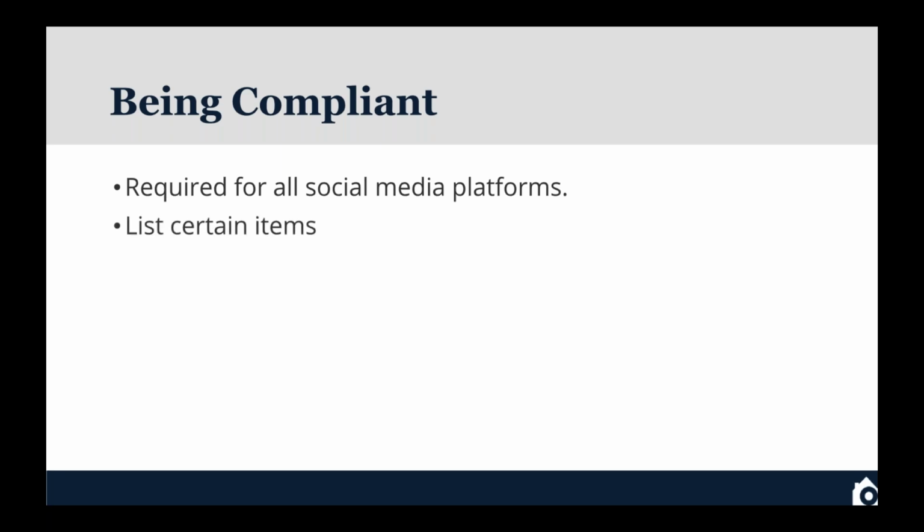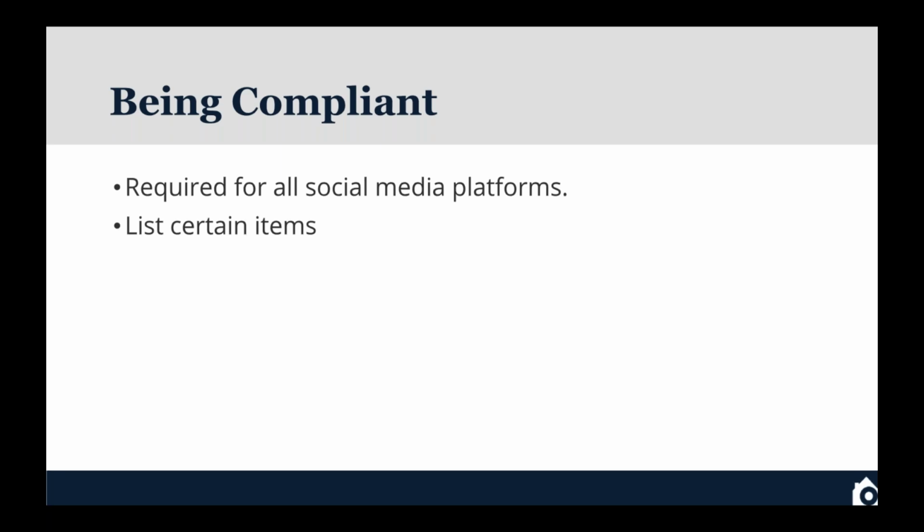Each advertisement has certain items that need to be listed. Those same items have to be listed on your social media pages somewhere as well. The main items are pretty much personal NMLS and branch NMLS, branch address, including city, state, and zip code, equal housing logo. I believe the branch telephone number should be available as well.